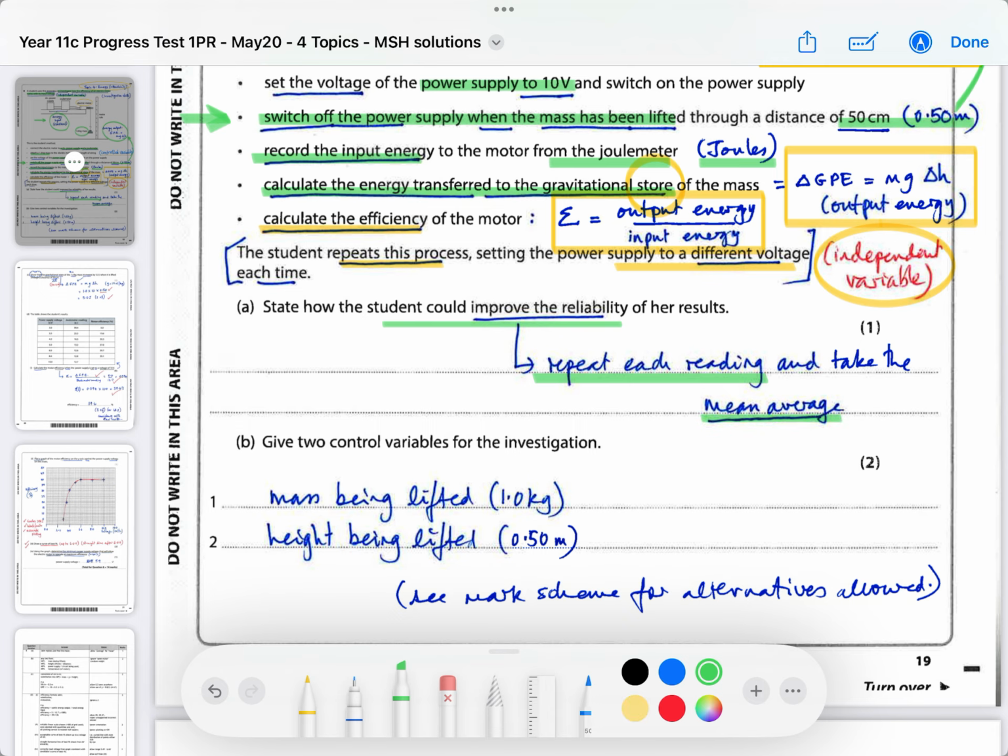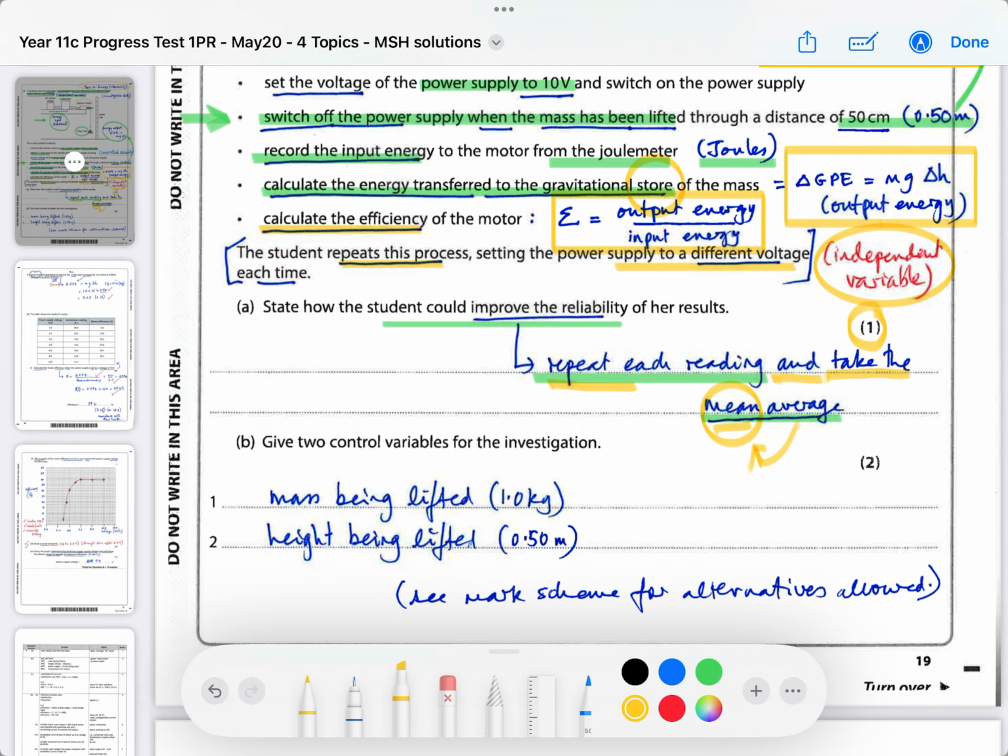And what kind of average is it? It's the mean average, not the mode or the median. We always use the mean average when we repeat readings. So when you say repeat and average and take the mean, that's what is necessary to get the 1 mark.